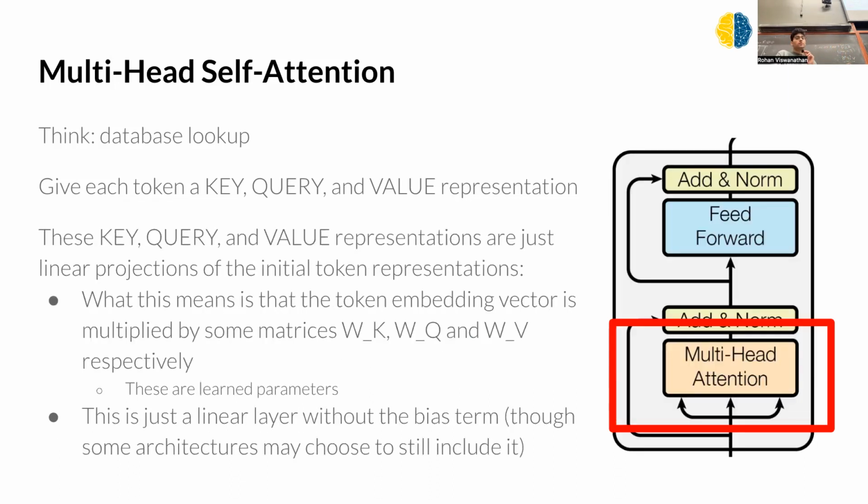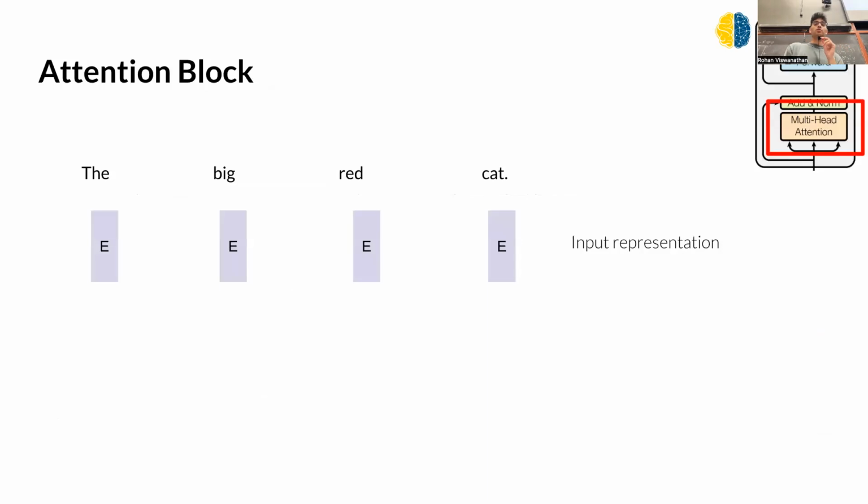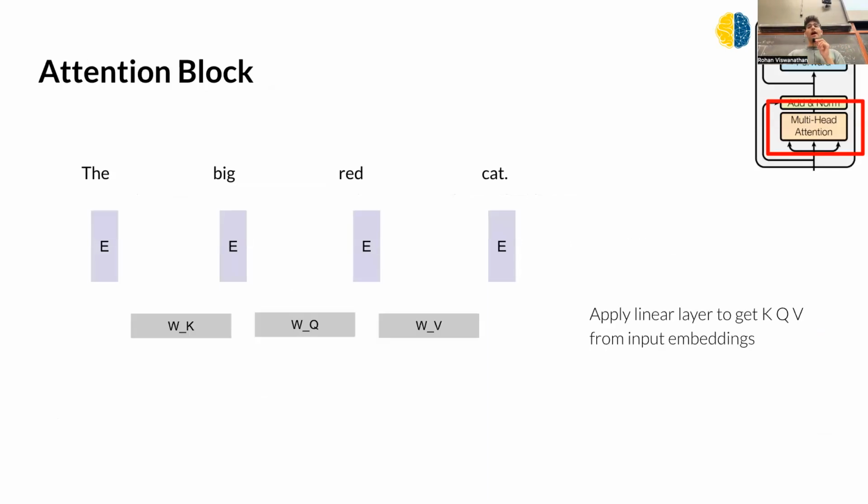All we're doing is taking a token embedding vector and multiplying by some matrices, WK, WQ, and WV, where we have simply matrices that we're multiplying together to do this dot product operation. This is simply a linear layer without the bias term, but that's something that we can include. And I think the visualization will make a lot of sense. So we have some sort of input representation. We have weight matrices, right? WK, WQ, WV.